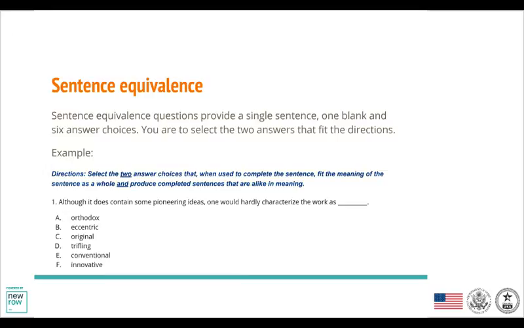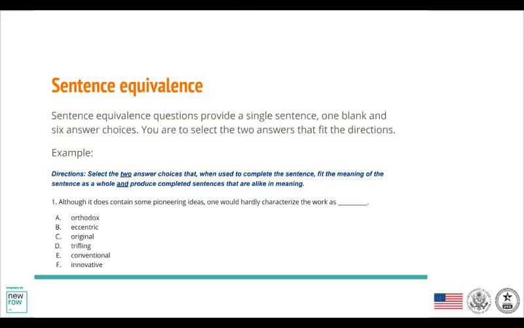Okay, it looks like the majority of the responses are C and F, which in this case are the correct answers. Original and innovative are the two that best complete the sentence that also have the same meaning. Some of these other words might also work, like eccentric.